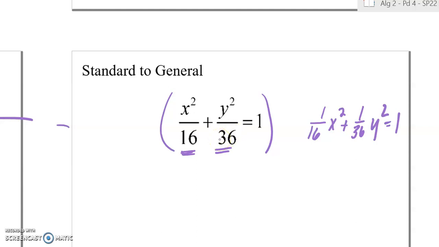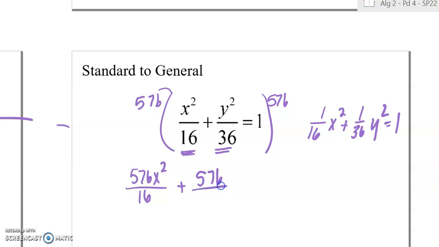You can play that game, or all I can do is multiply the 16 by 36 and I get 576. It's a big number, but it makes my life very easy, because I'm going to get 576x squared over 16, 576y squared over 36 equals 576.